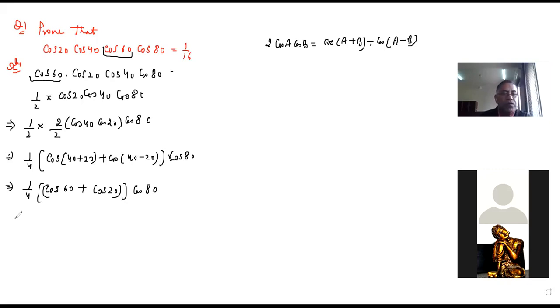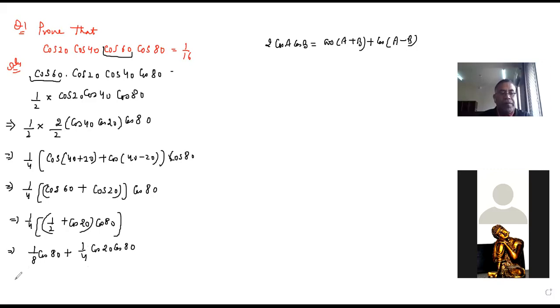So which is equal to 1 by 4 is to cos 60, 1 by 2, plus cos 20 is to cos 80. So which is equal to 1 by 8 cos 80 plus 1 by 4 cos 20 cos 80.